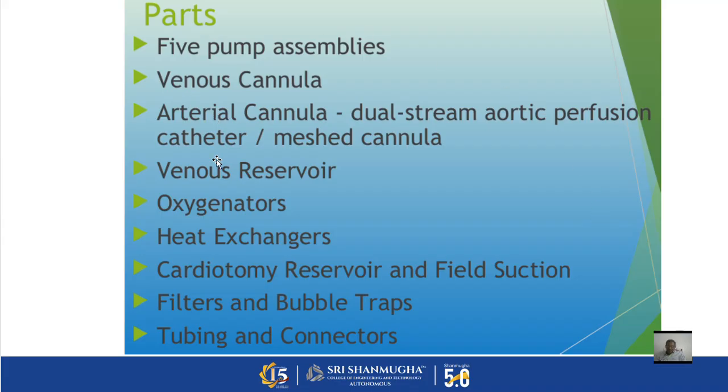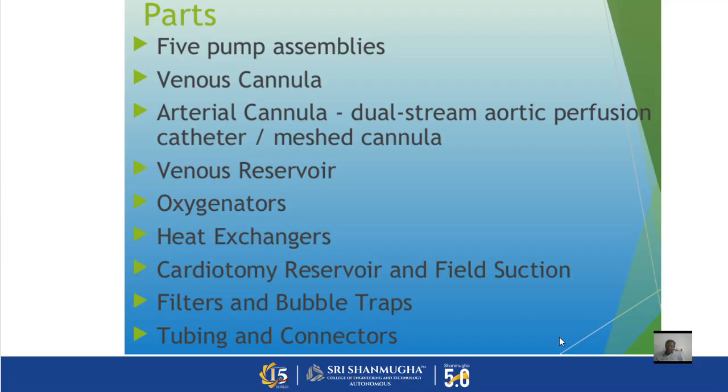The heart is nothing but a natural pump, pumping the blood to the entire body, which is called systemic circulation. Like that, here we use an artificial pump to pump the blood. Instead of the heart, we go for an artificial heart, which is nothing but a pump.